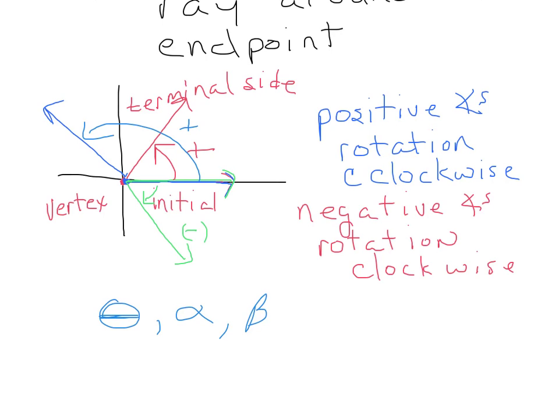If you've got multiple angles you're dealing with, you could see any of those Greek letters. They might even use different letters, but in trig we usually label angles with Greek letters: alpha, beta, theta, mu.